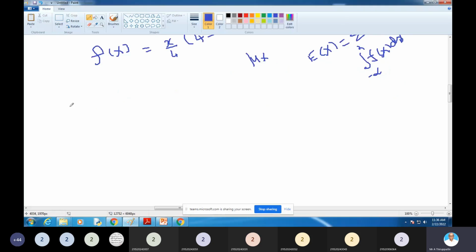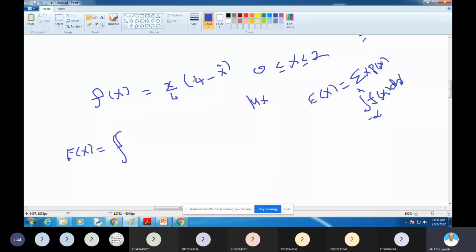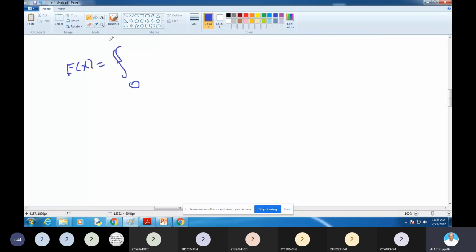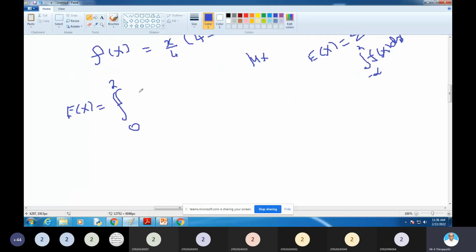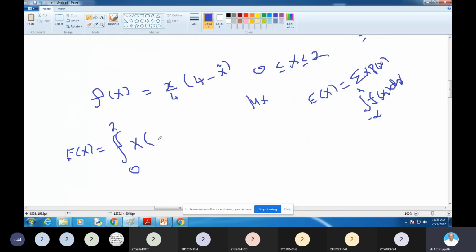This is a continuous case. So the expectation of x, the mean of x, E of x, is equal to the integral over 0 to 2 of x into f of x. What is f of x? x by 4 into (4 minus x square) into dx.